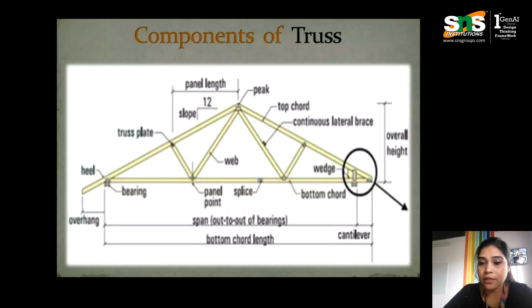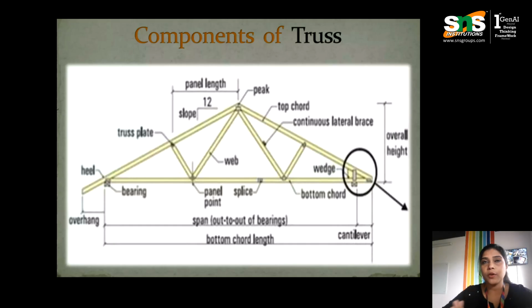Next, we can talk about the components of a truss. You can see the upper portion, which is known as the top chord. The top chord is the inclined or upper member of the truss that holds the roof deck and primarily experiences compressive stresses.